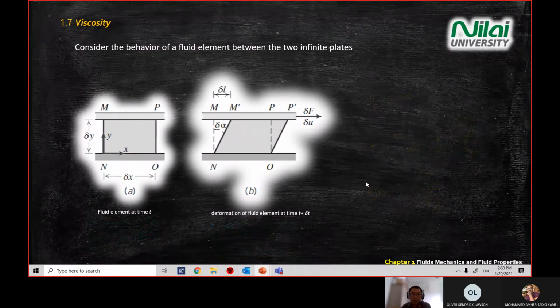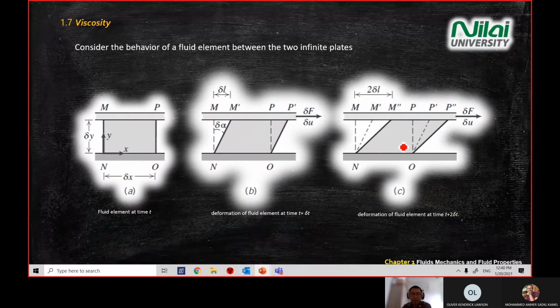Let's move a bit faster because we are a bit behind. The diagram that you see in your tutorial, diagram number C, is just after a certain time. So this is t plus delta t and this is t plus 2 delta t, which means you see that the fluid is able to continue to deform.